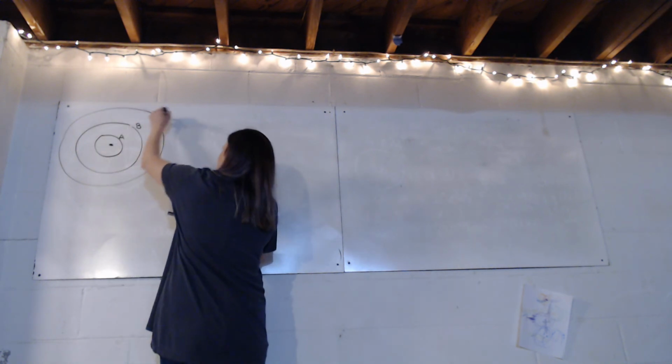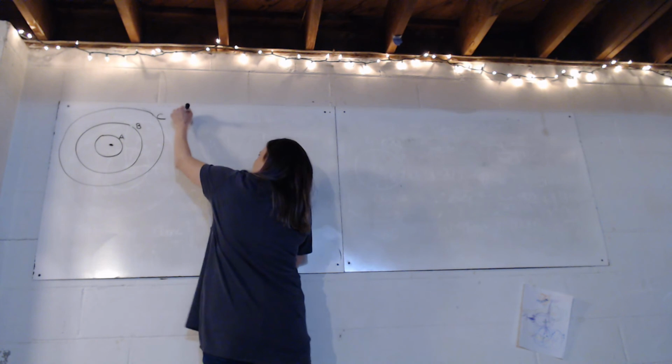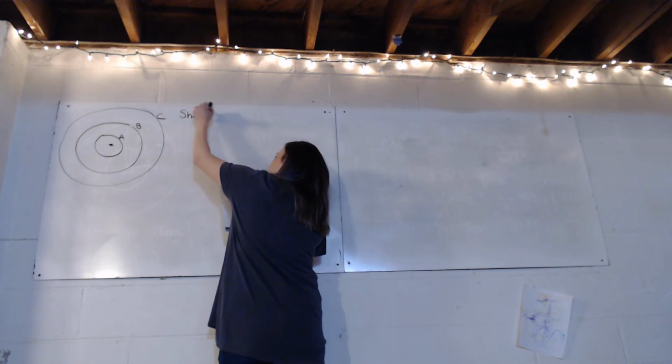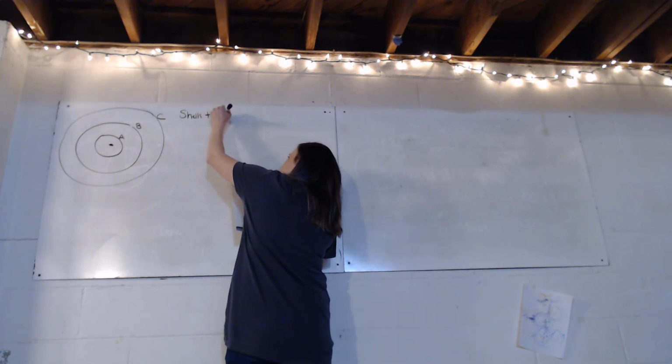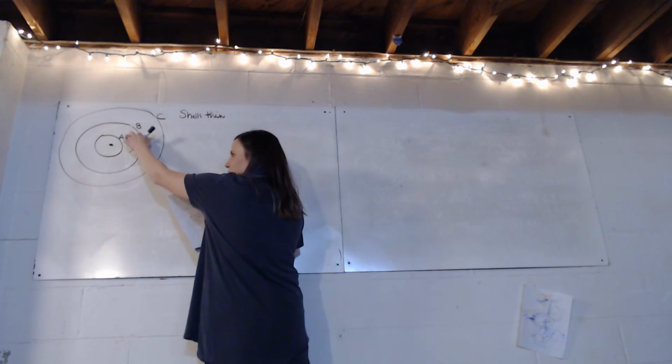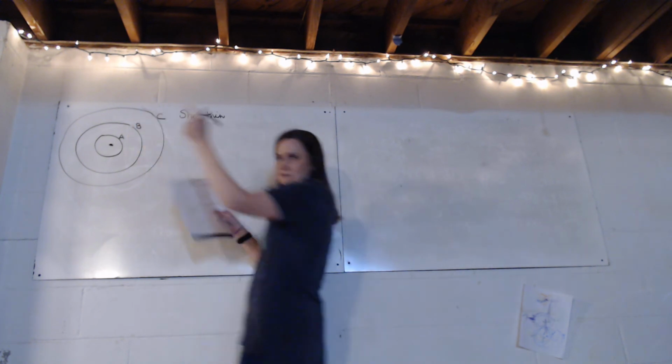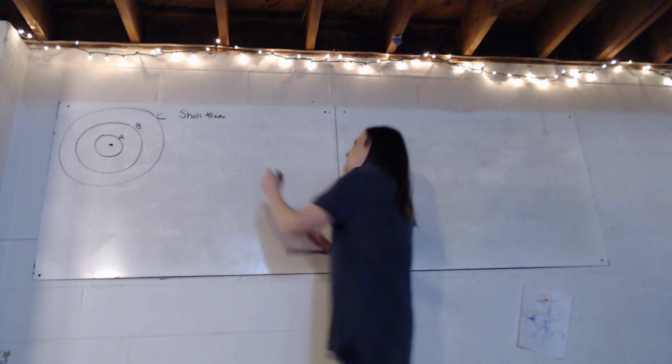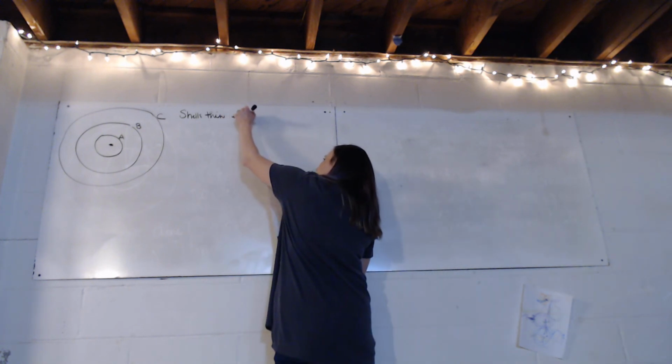This is shell C. These shells are thin, meaning if you hit one side of B and the other side, we say the radius is approximately the same. So they're thin, and they're non-conducting.